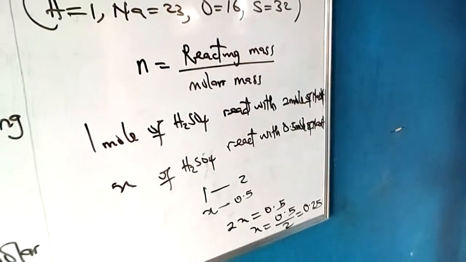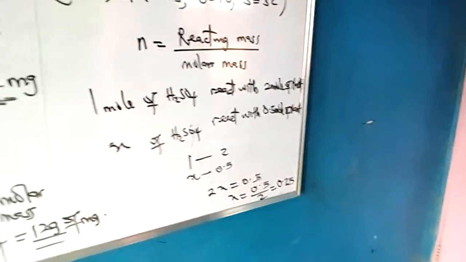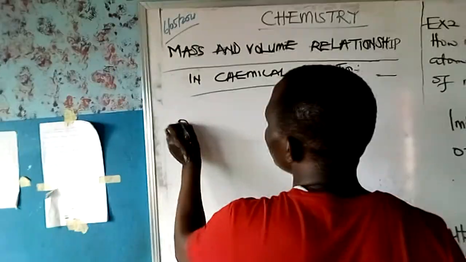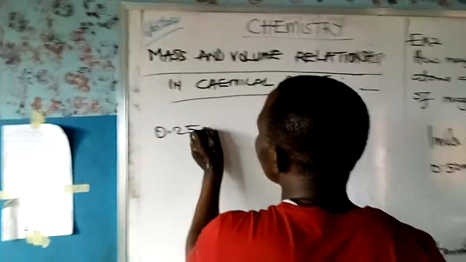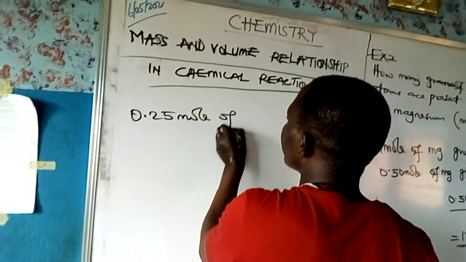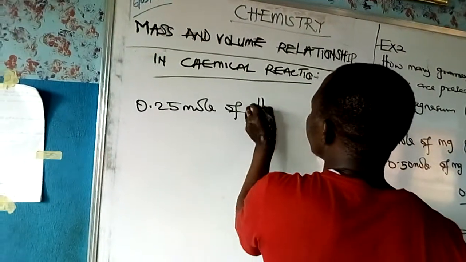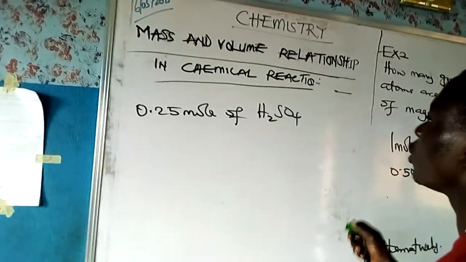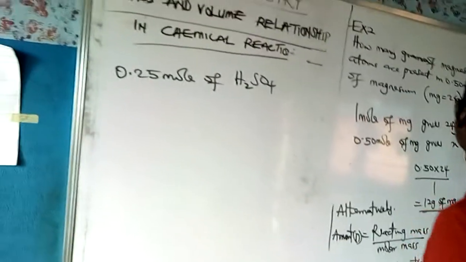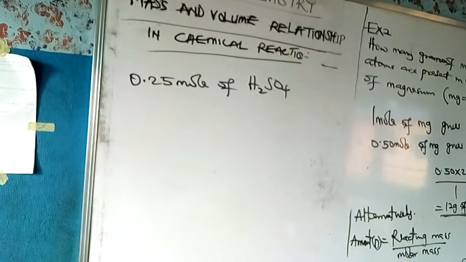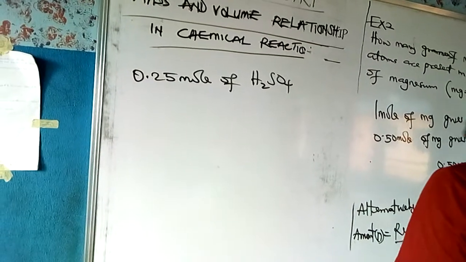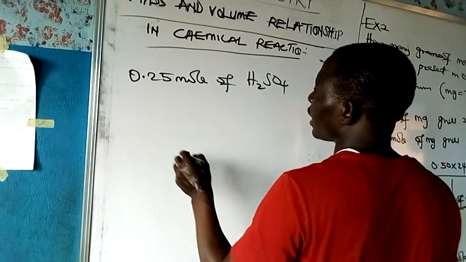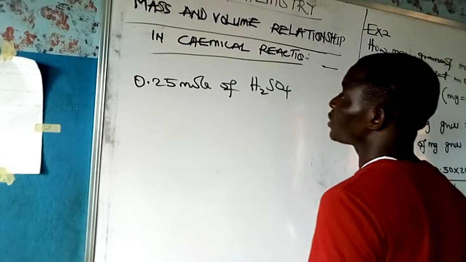That gives us 0.25 mole of the acid now, H2SO4. So now we can find the gram of H2SO4. Since we have the number of mole now, we can use two methods. You can use any method you like.